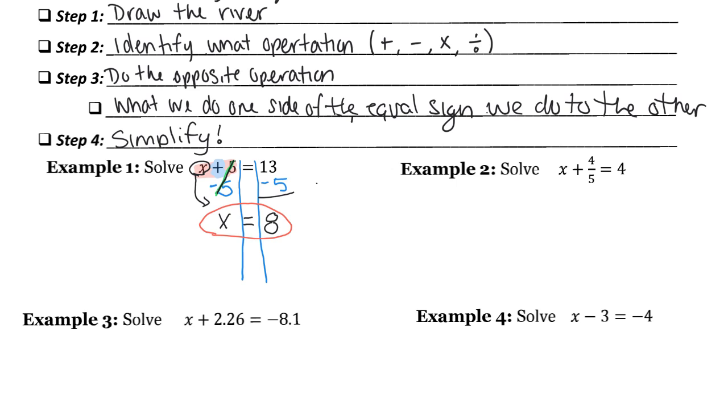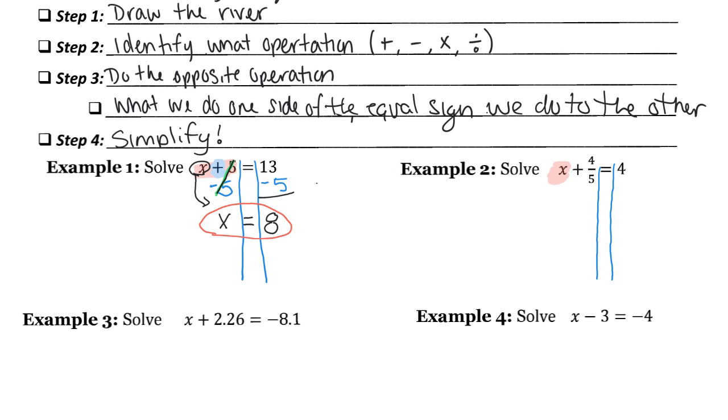Okay? All right, so now let's look at example 2. So first things first, we draw our river. Remember, that comes from the equal sign. It goes around, just so we can differentiate between one side and the other. And remember, the whole point is to get x alone.